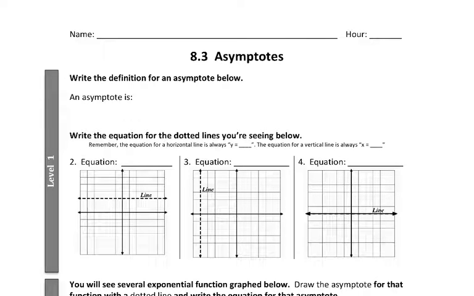Homework assignment 8.3, asymptotes. We need to write the definition of an asymptote here. So, an asymptote is... Are you guys okay if I just say it and I don't write it? Because as you have seen in my videos before, I'm bad at writing. So, an asymptote is an invisible straight line on a graph that curved lines get close to but never touch.